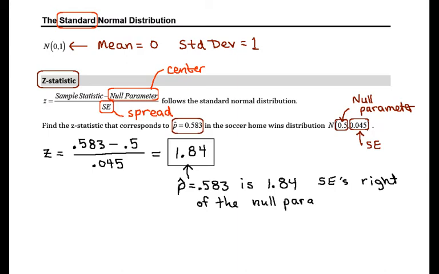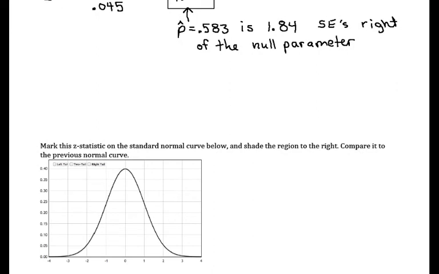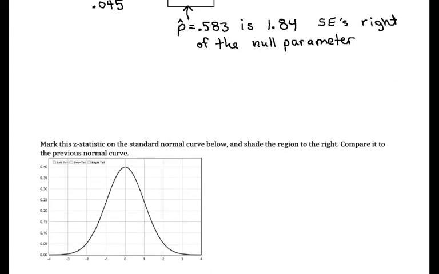We know that it's to the right because it's a positive value. When we're sitting to the left of the null parameter, we will end up getting a negative z-statistic. Knowing how many standard errors we are away from the null parameter and in what direction allows us to place it on a standard normal curve.